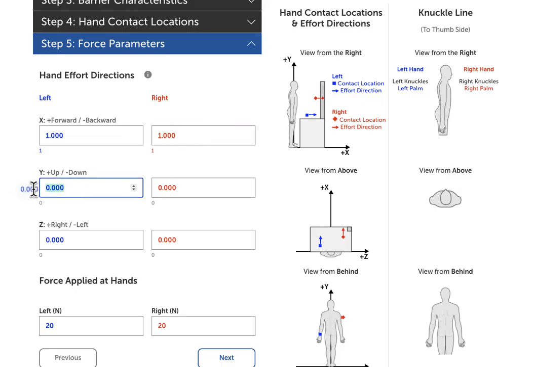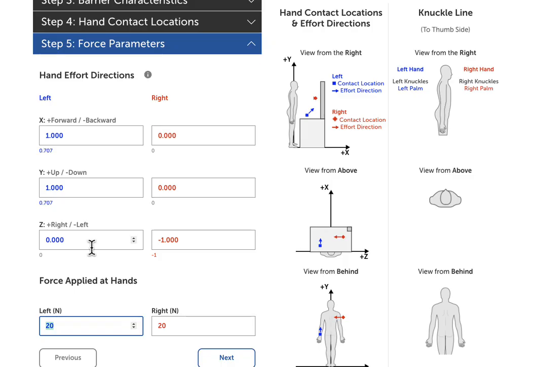We're going to put this as 1 part up, and you can see the force is equal parts up and forward for the blue, which is the left, and we're going to say that it's 0 to the right or left. For the right arm, we're going to say that it's 0 parts forward or backward. We're going to say that it's 0 parts up or down, and it's going to be minus 1 to the left.